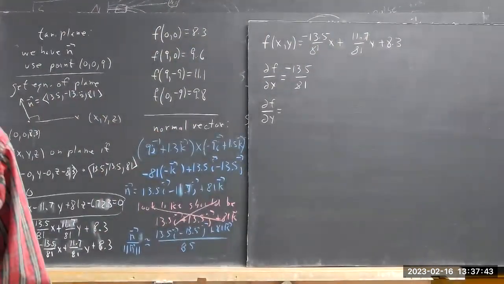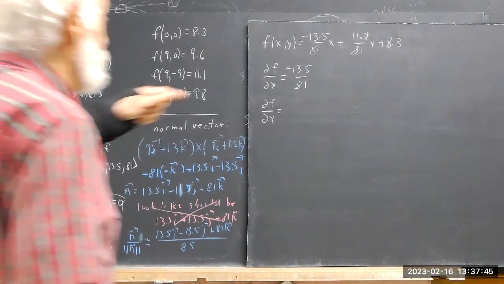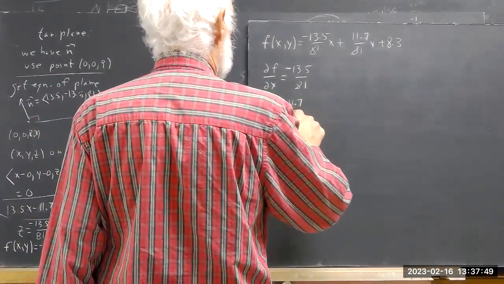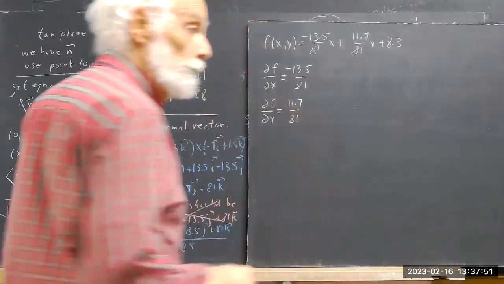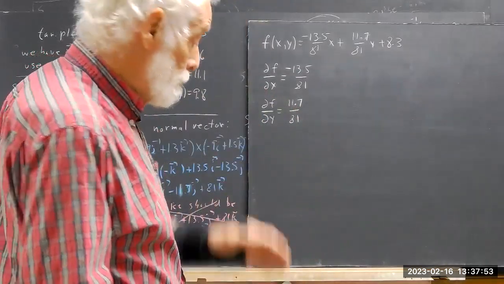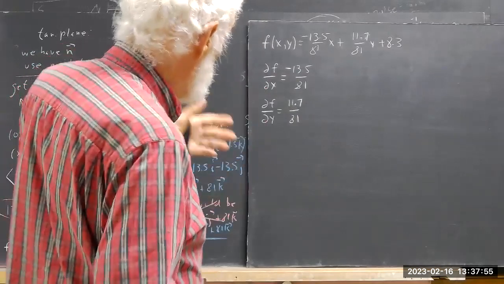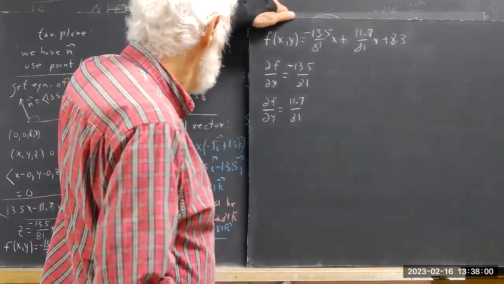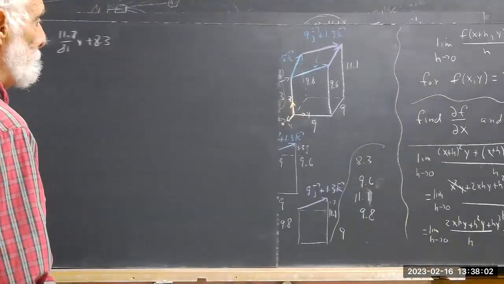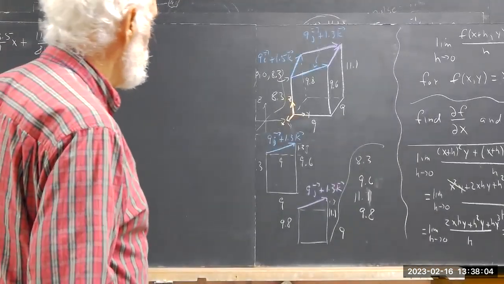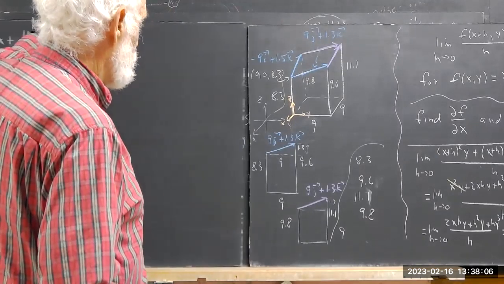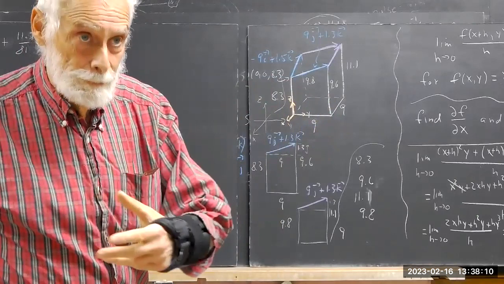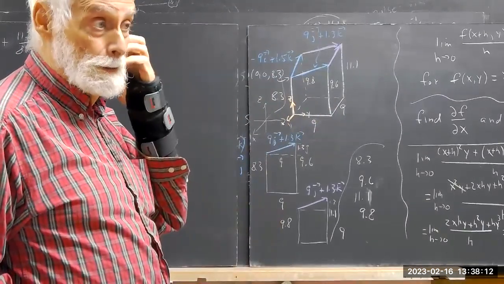Okay, so partial f with respect to y is then clearly 11.7 over 81. But what do we mean by the partial f with respect to x? Couple of things. We mean it's, for any point, the limit of f of x plus h minus f of x, divided by h.